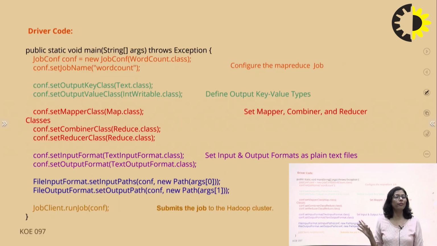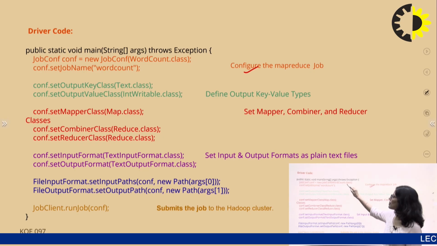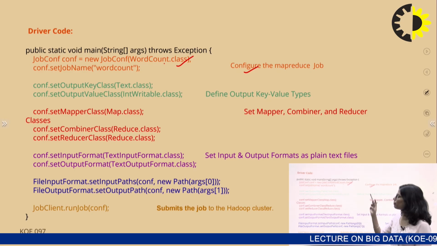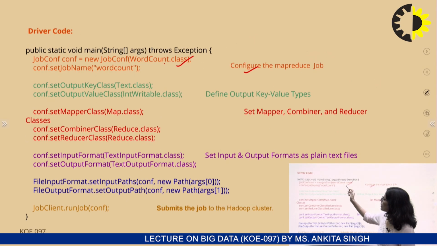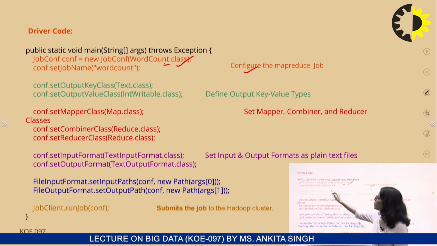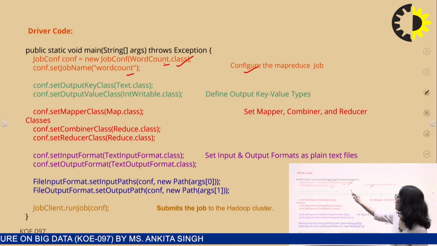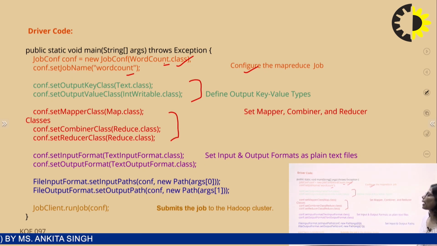So what is the driver code? First, I am configuring the MapReduce job run. This is my initialization. It has WordCount.class, and then the text file. Then I set my job name as word count, and define my output key values, and then I define my mapper, combiner, and reducer.